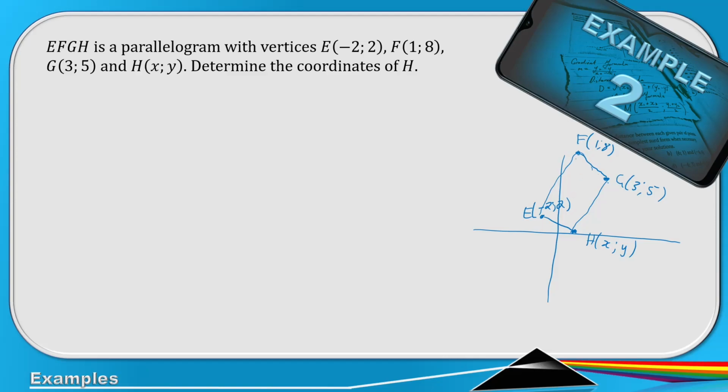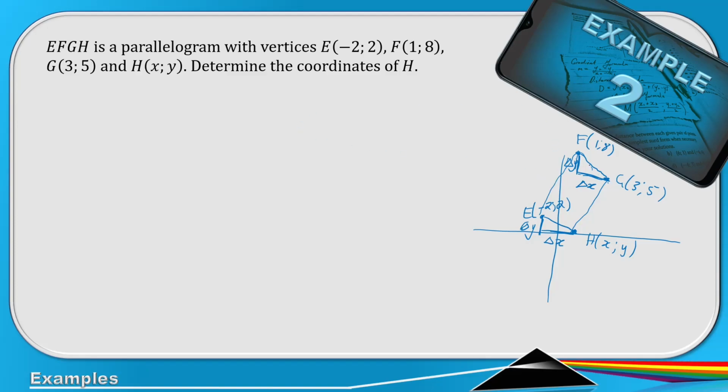What will happen is the change of y from F to G will also be the same as the change of y from E to H. And the change of x from F to G will be the same as the change of x from E to H. So I'm going to break my x coordinates and my y coordinates up and calculate these two separately.